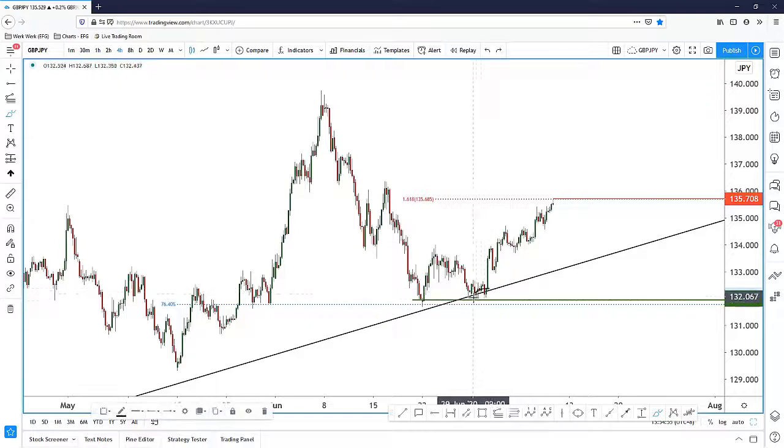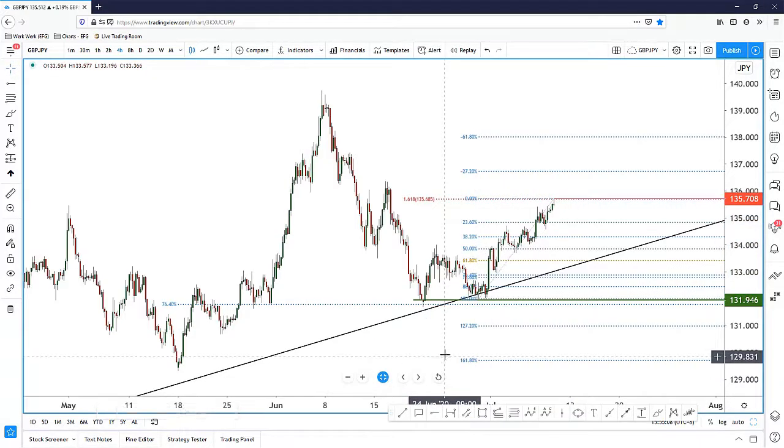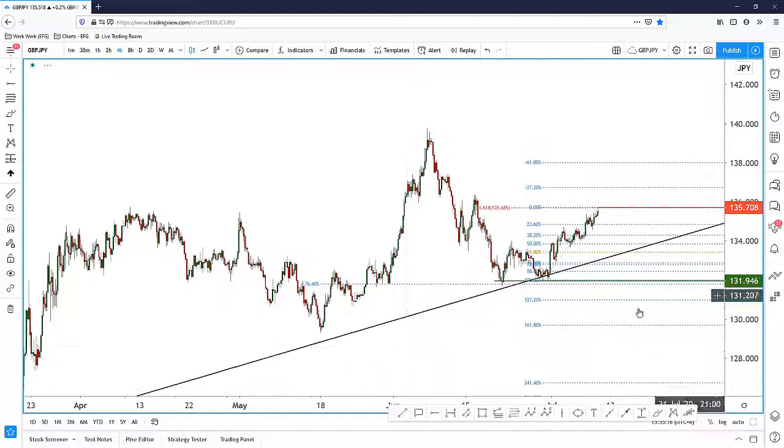We want to see how far price can come back down. The upward push started from here and it ended here. So let's use a Fibonacci retracement from the low to the high and open all Fibonacci ratios. Now remember I said we like to see a Fibonacci ratio that is in line with the trend line. So let me tidy up this trend line.